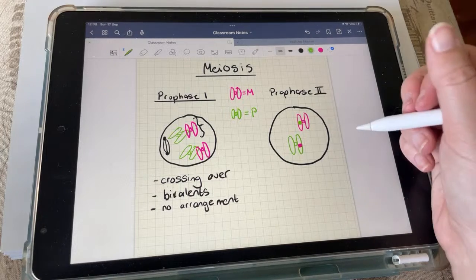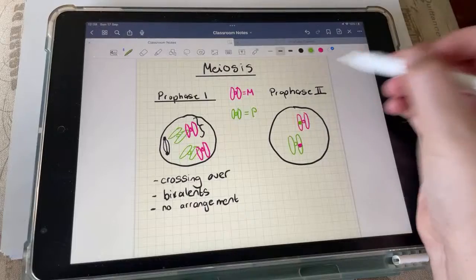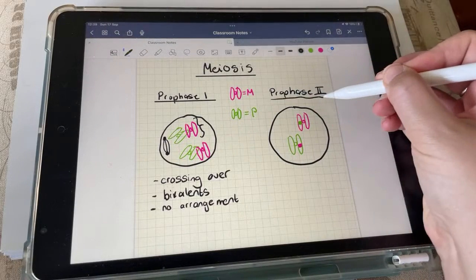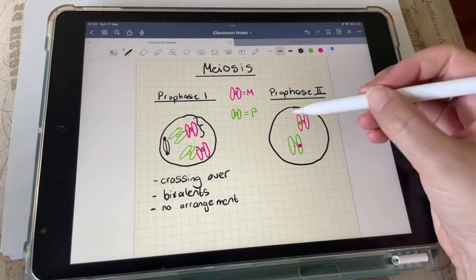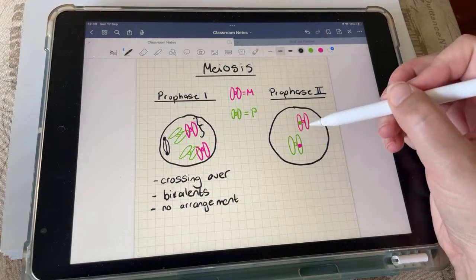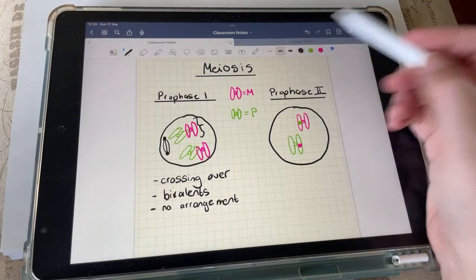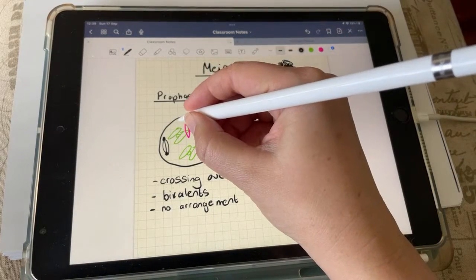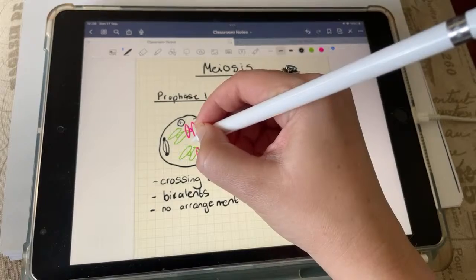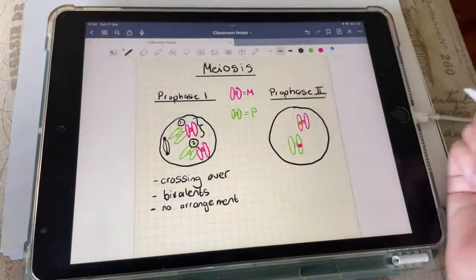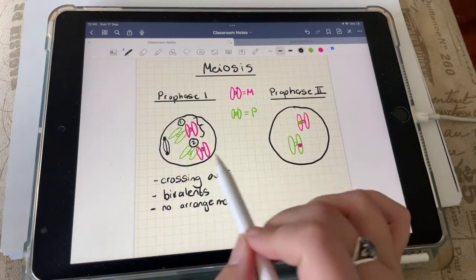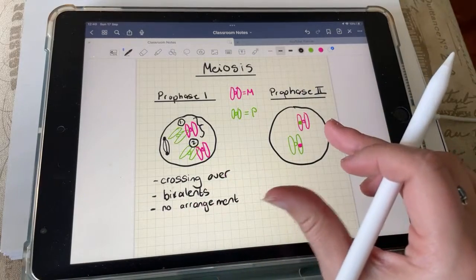All right, so prophase 2. Let's get back to that now. So here what we have is our homologous partners that have been separated. Maybe I'm going to give these numbers. So this is pair number 1 and this is pair number 2. Now they have undergone meiosis 1 and they have separated, right?